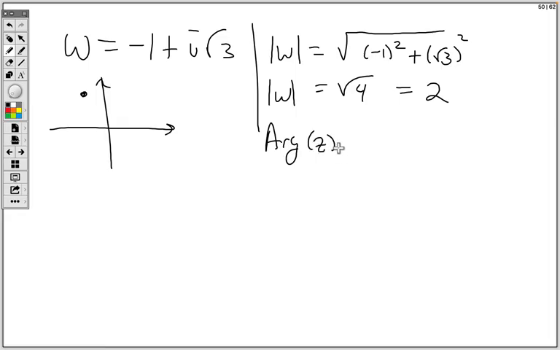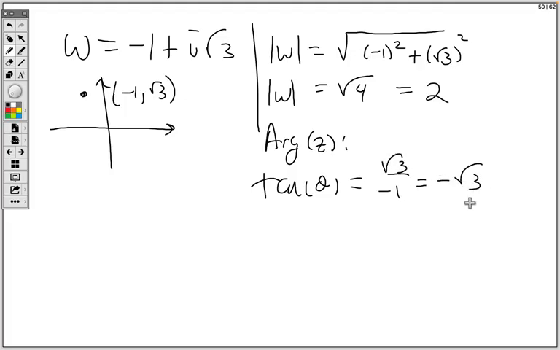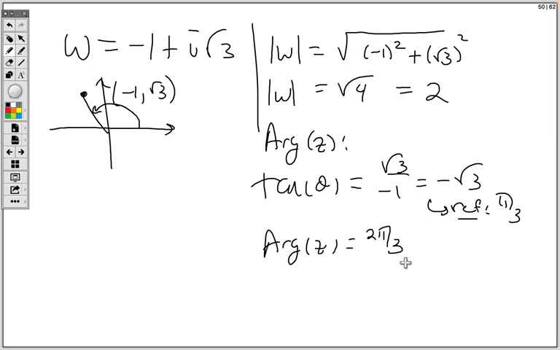To get the argument, the tangent of theta is the y over the x. So let's see, this would be negative 1 comma root 3. So here we get root 3 over negative 1, which is negative root 3. I know the reference angle here is pi over 3, but we need it there in quadrant 2. So I can take the argument of w to be 2 pi over 3.